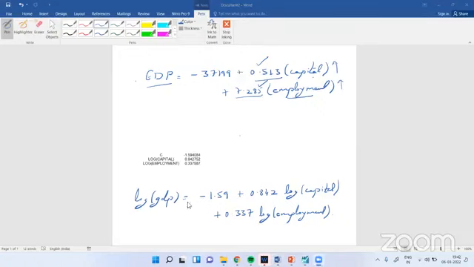Now, Mr. Ansul, please listen carefully. Here, an increase in 1 unit changes the GDP by 1 unit. But here the interpretation will be: a 1% rise in employment will change the GDP by 0.337 percent. Now it will be percentage. Here it was unit.